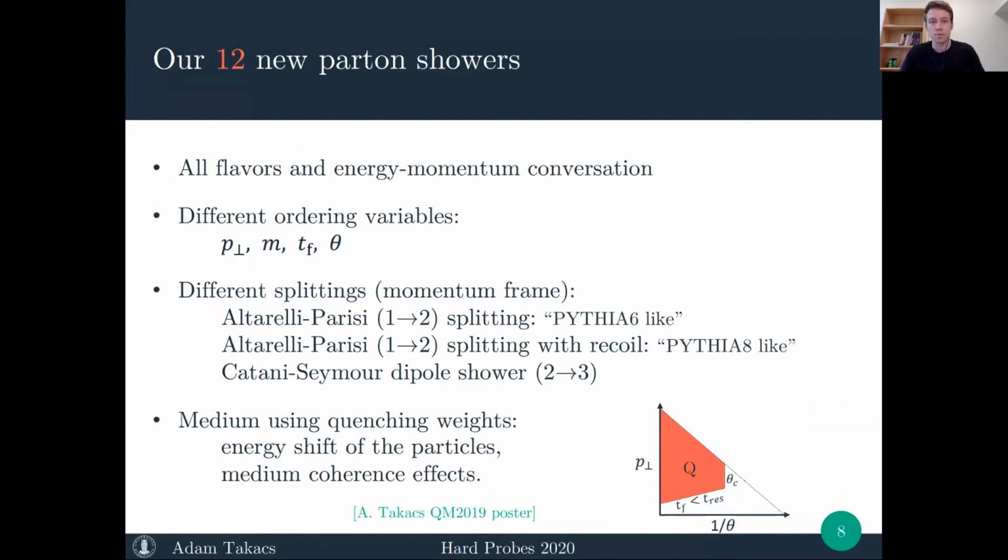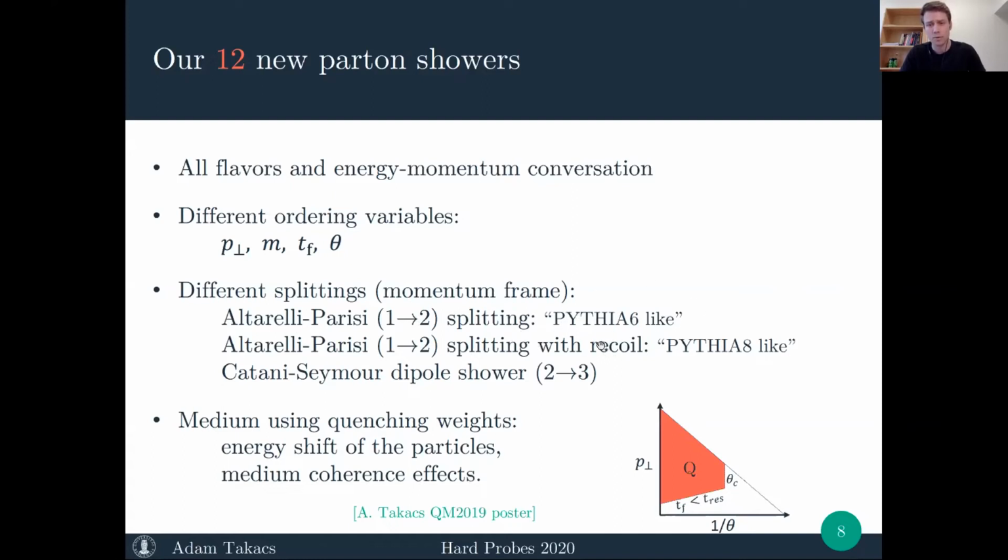So because of this reason, we implemented 12 new parton showers. All of them have flavor and energy momentum conservation. They have 4 different ordering variables, and there are 3 different ways of treating the splittings. We have the 1 to 2 splittings with the alternative splitting kernels in a PYTHIA 6 style.